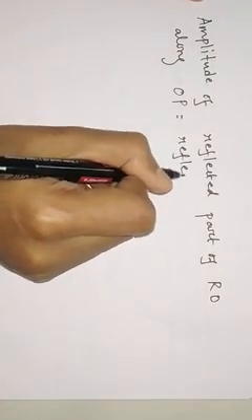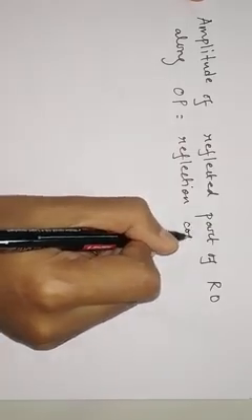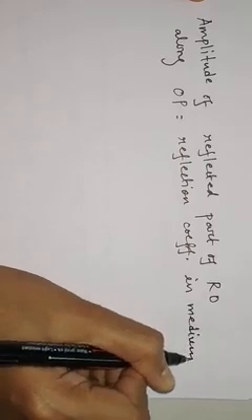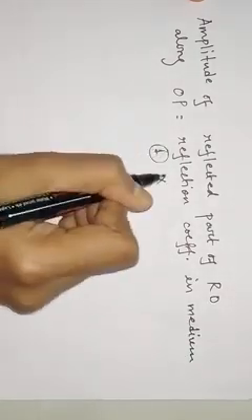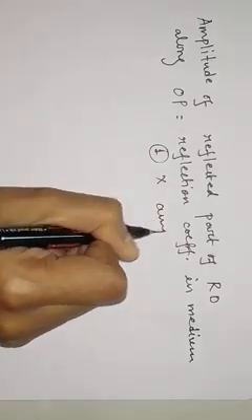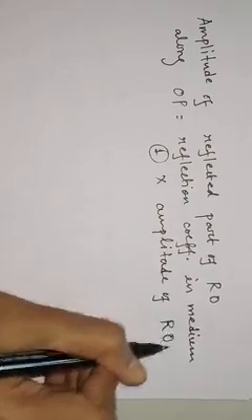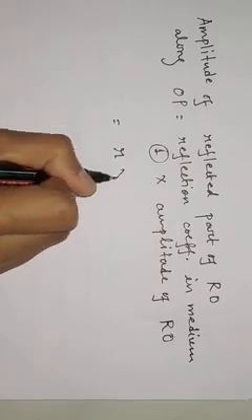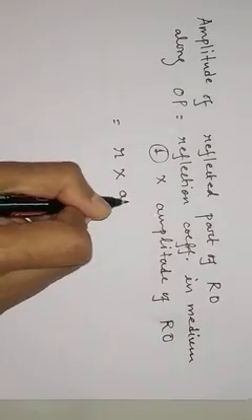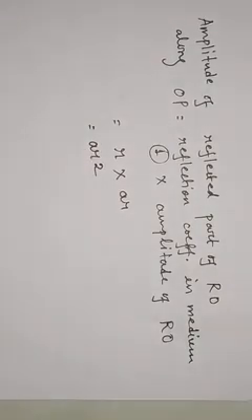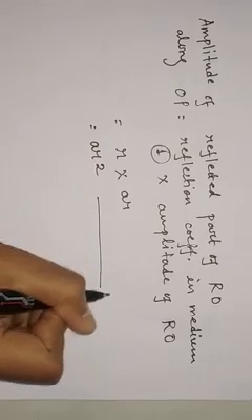It is the reflection coefficient in medium 1 because this incidence and reflection happen in medium 1, times the amplitude of the incident ray, which is RO. The reflection coefficient in medium 1 is R, and the amplitude of RO is AR, as we know. So it will be AR squared. Suppose this is equation 1.